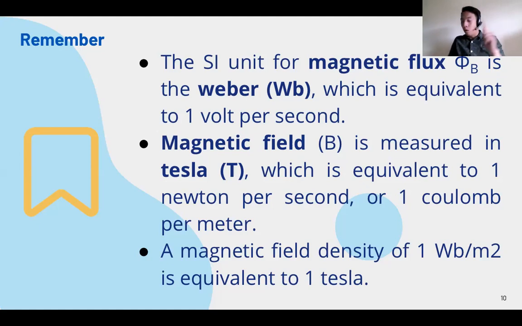Okay? And then later on, we will encounter nano Tesla. Kapag sinabing nano, we have the automatic equivalent of 1 by 10 raised to negative 9, right? So I will just change this one into nano Tesla equals 1 by 10 raised to negative 9 Tesla.